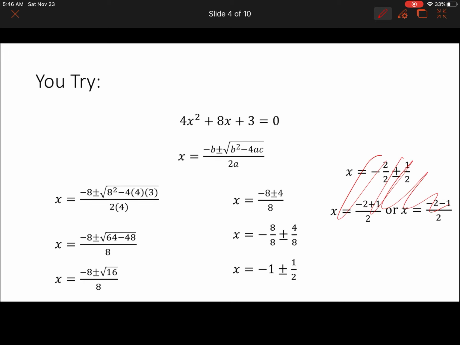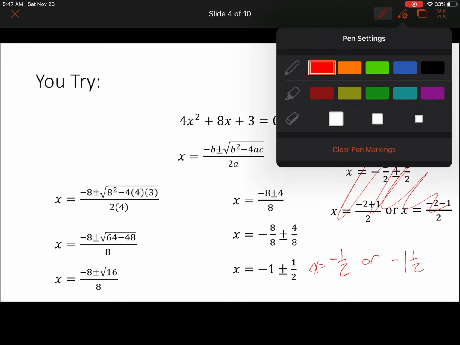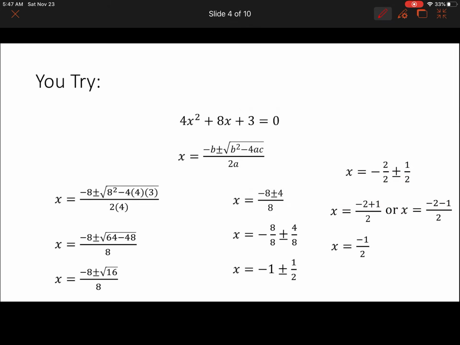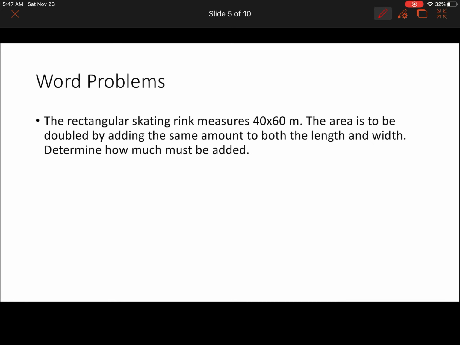You could say minus 1 plus a half is minus half, or x is equal to minus half, or x is equal to minus 1 and a half, because we're subtracting another half from there. Or you could do it this way that I just erased, and you'll get the same answer.